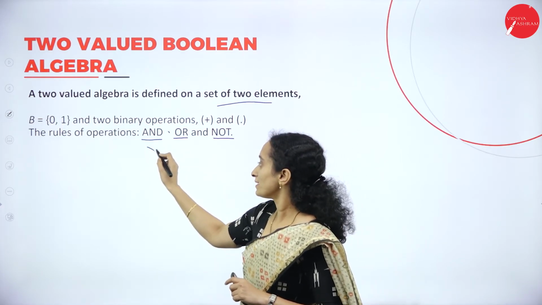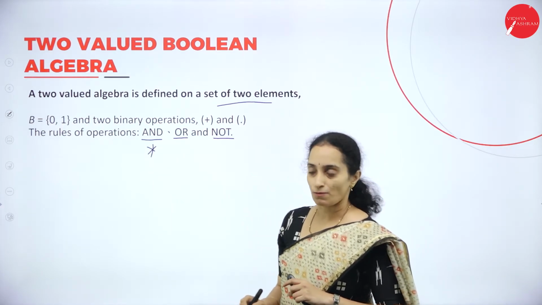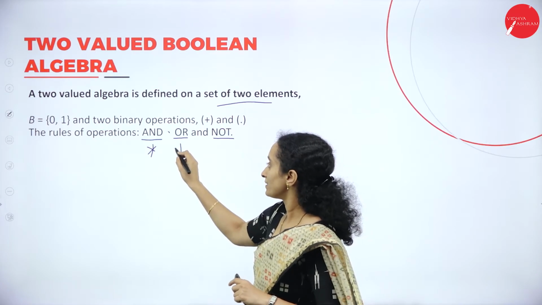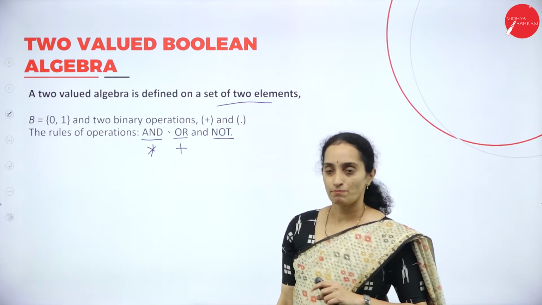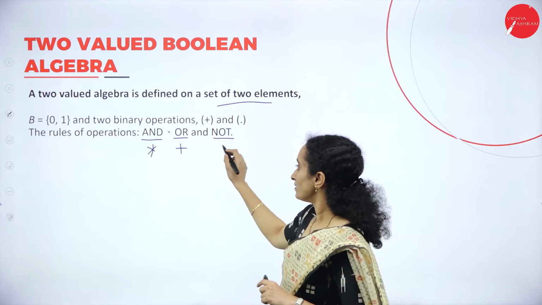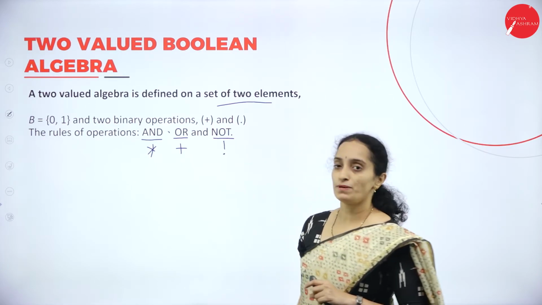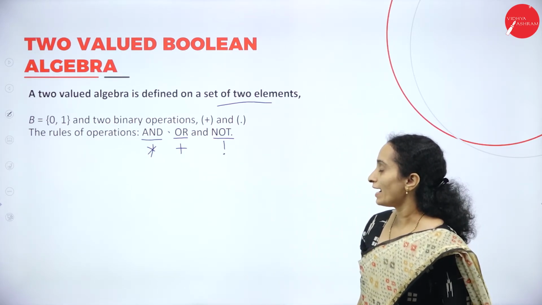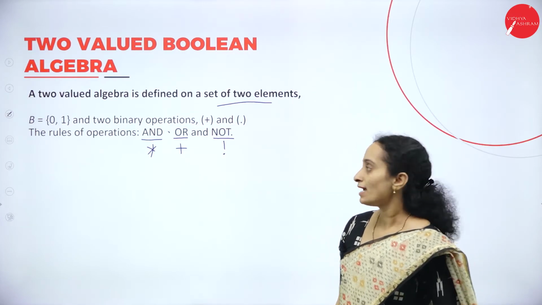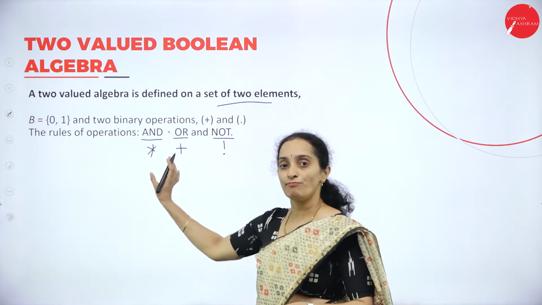AND represents the multiplication operator, OR uses the plus operator, and NOT uses the complement.